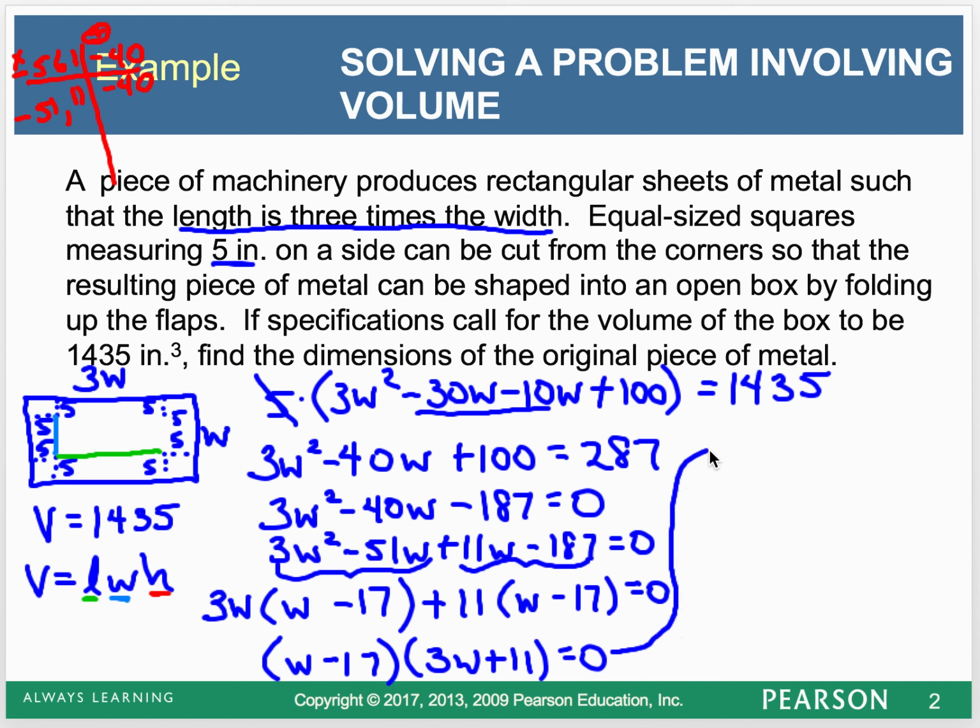That means that either w minus 17 equals 0 or 3w plus 11 equals 0.